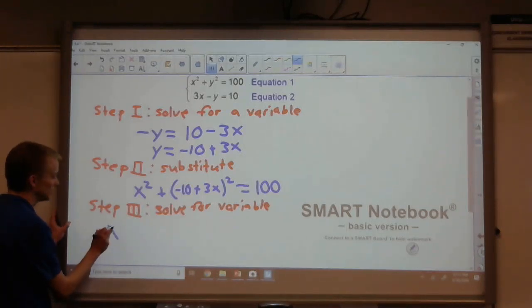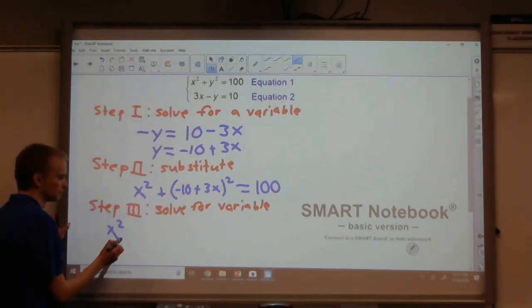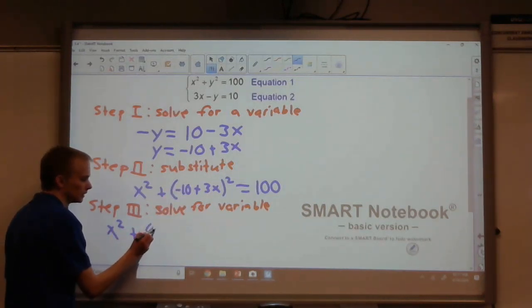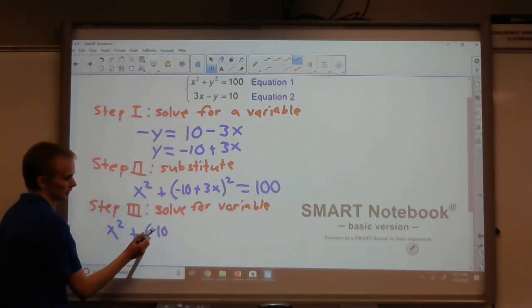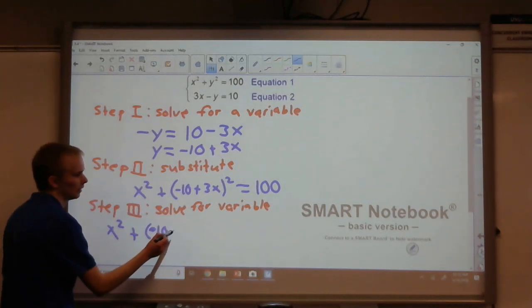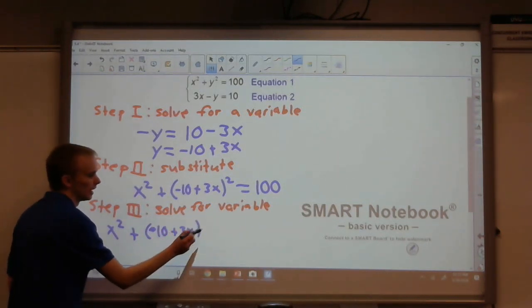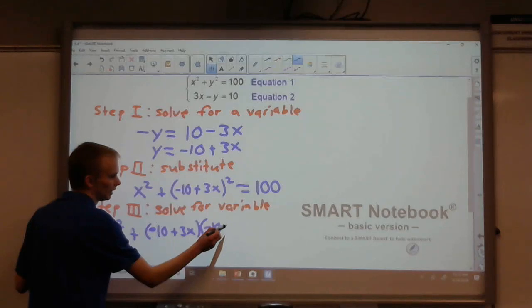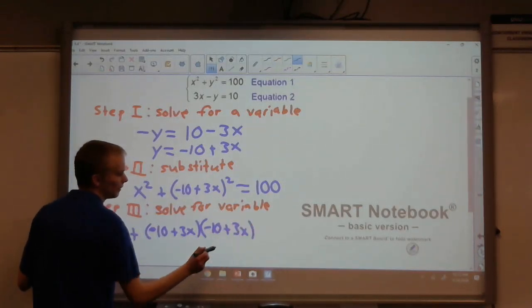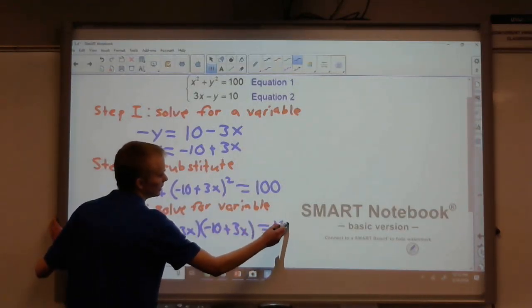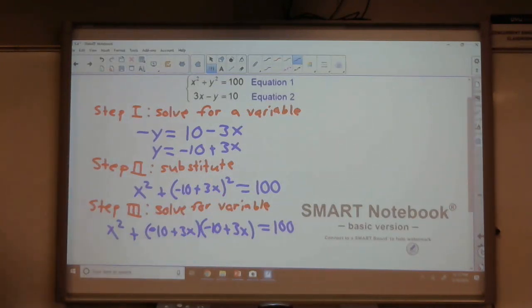So I'm going to have still an x squared here, and then for the square part, let's say negative 10 plus 3x, times a negative 10 plus 3x, right? That's the same thing as squaring it, you're just timesing by itself.